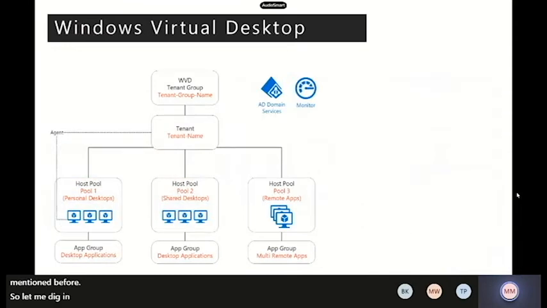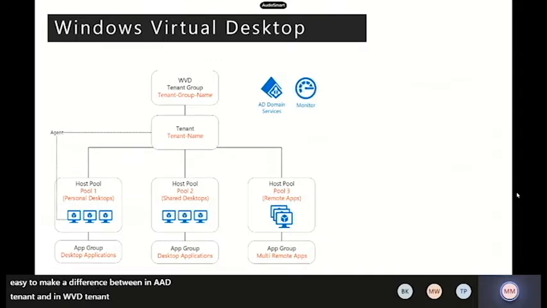To give a short summary of what we have today in WVD in this version: on the top level is a tenant group. That is not so important. The more important thing is the tenant. And I hear it often from the customer side that it is not so easy to tell the difference between an AAD tenant and a WVD tenant.